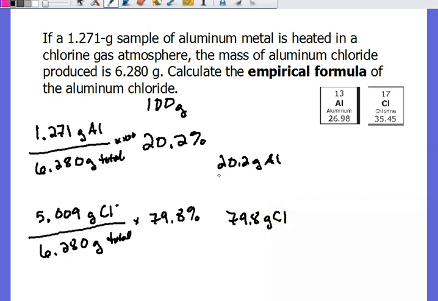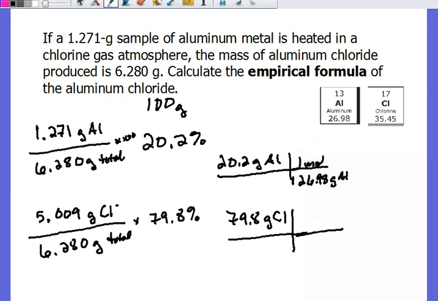And then you can see how many moles of each one you have by dividing by its molar mass. So you have your molar mass for aluminum, which is 26.98 grams of aluminum in a mole of aluminum. And for chlorine, you have 35.45 grams of Cl in a mole of Cl.